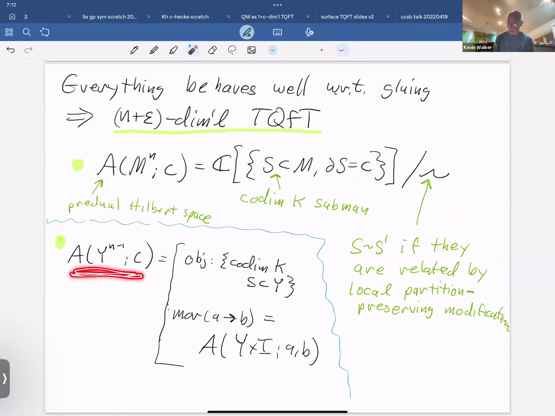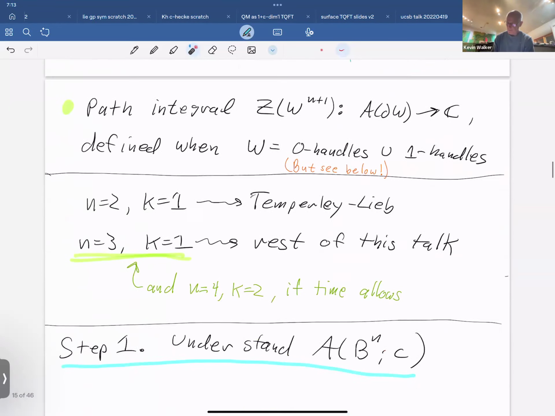And similarly, we can define a category for an n-1 manifold whose objects are the codimension k submanifolds of Y, and morphisms are this vector space applied to this particular n-manifold, where the boundary conditions are A and B, the objects. So that's all just sort of standard machinery.